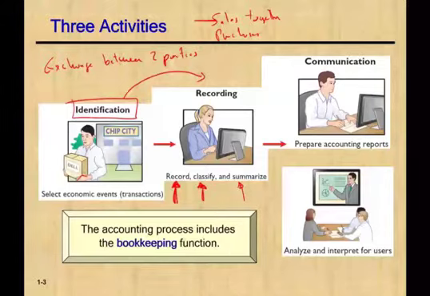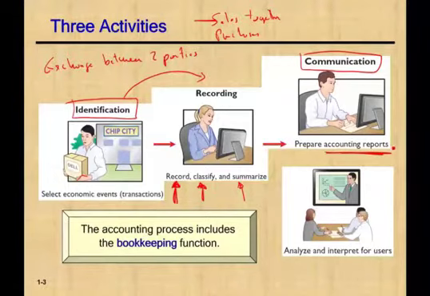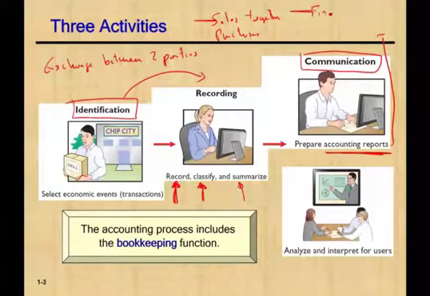And at the end of the process, the most important thing is to communicate. To communicate this information, to communicate what happened, what were our sales, what were our purchases, what was our profit, okay? To communicate the information by preparing accounting reports. And you're gonna see later, we're gonna be preparing financial statements. The technical word for the reports is financial statements.